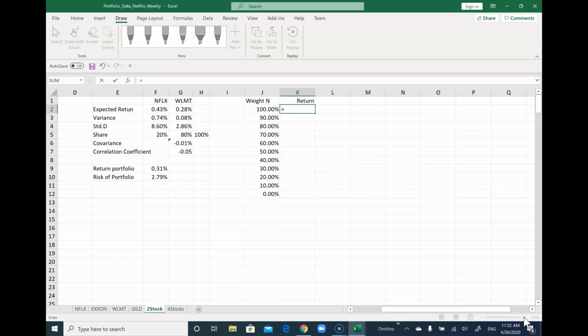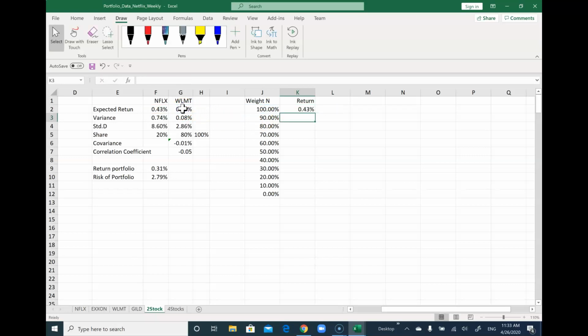And I hope you remember the rate of return of the portfolio is the simple weighted average of the return of each asset in the portfolio. So when you put all of your money in Netflix asset, then the return of your portfolio is the share of the Netflix times the return of the Netflix asset, plus 1 minus the share of the Netflix asset times the return of the Walmart asset, right?